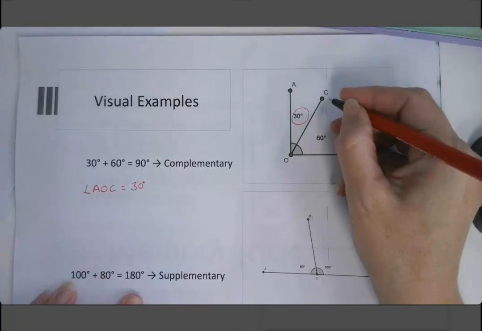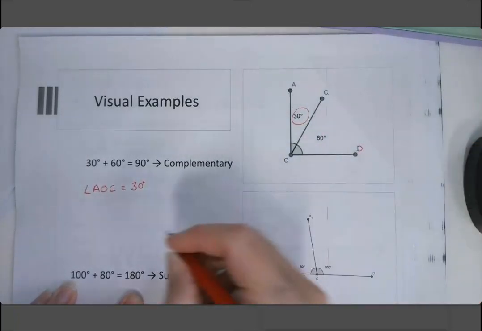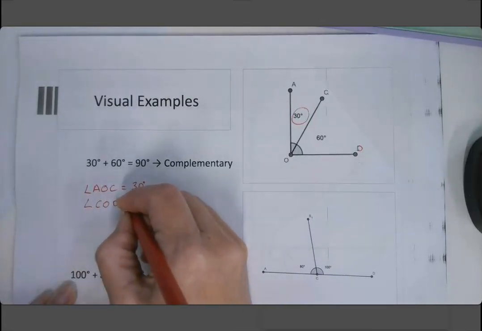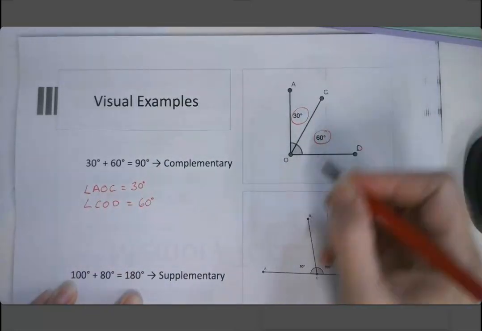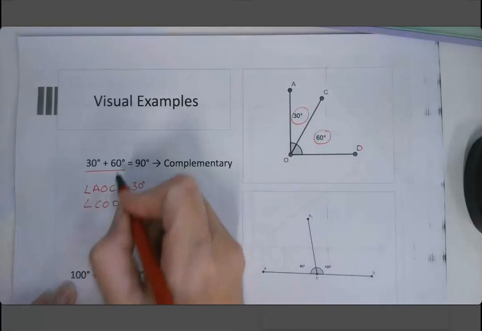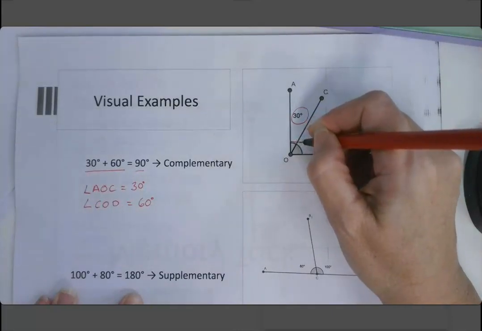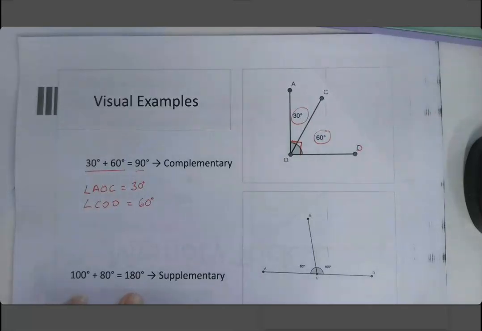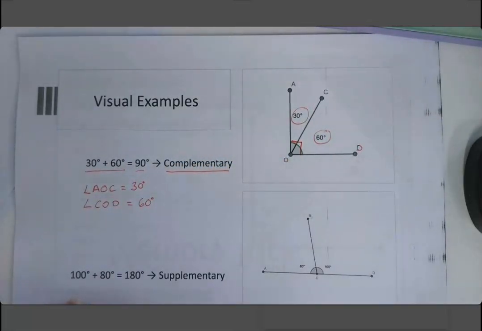We can also see that angle COD is 60 degrees. Now we can also tell that 30 plus 60 adds up to give me 90. So this full angle here is 90 degrees, a right angle. These two angles are complementary.